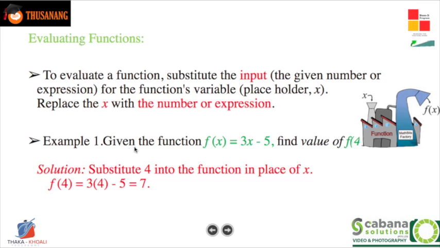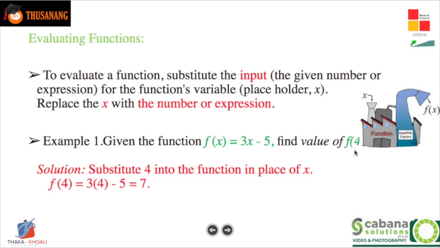In example 1, we are given the function f of x, which is equal to 3x minus 5. Our function f of x equals 3 multiplied by x minus 5. Then we have to find the value of f of 4.